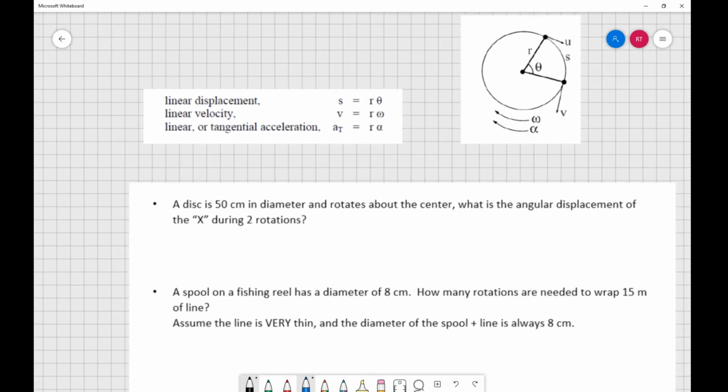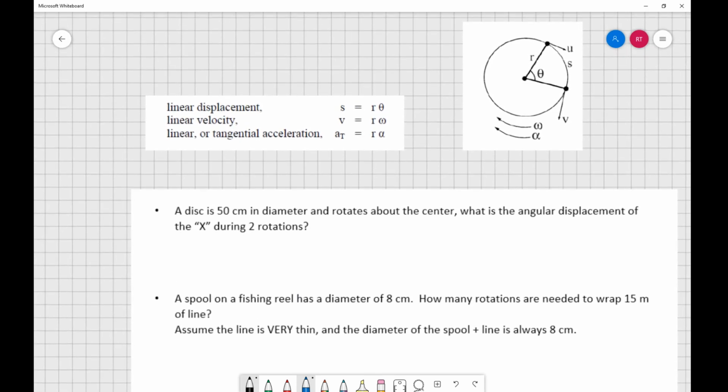Inside of our supplement, you also have some other portions which talk about angular motion. You have a whole table dedicated to angular motion, and we're going to start talking about some of those things. First, a couple of terms.